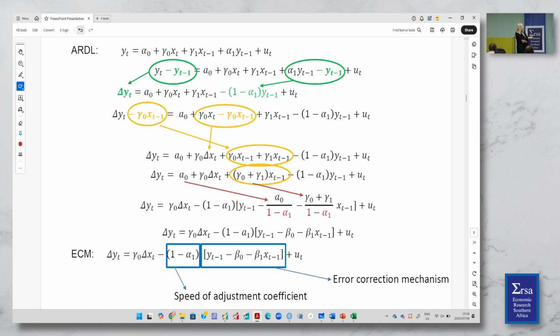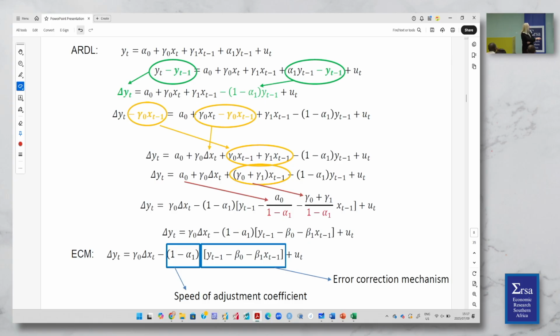And so you just carry on moving closer and closer to this. So here, we have yt minus 1, we have an xt minus 1, we have a delta x, a delta y. We just want to bring this into a bracket so that I have this parameter in front.